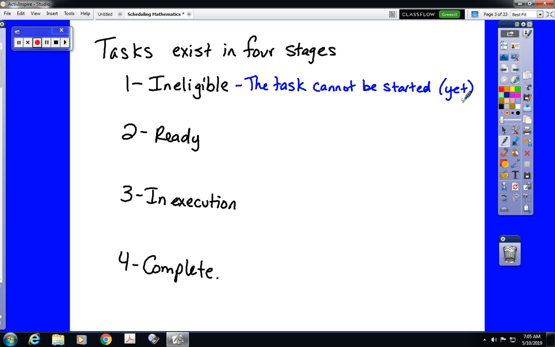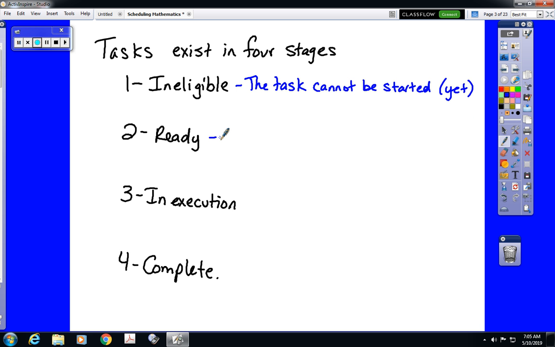So the example I like to give for this is if you're building a home, you will not be able to paint the walls until there are walls to paint. So at the beginning of your project, you know that you eventually are going to need to paint. But you can't paint right away because you don't have anything to paint. So painting as a task would start off as being ineligible.